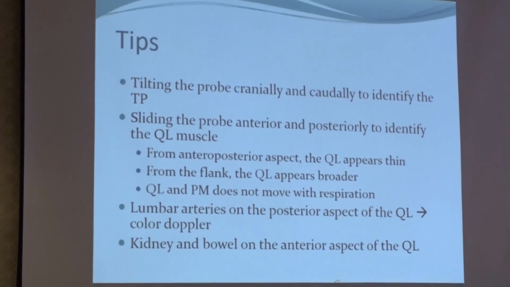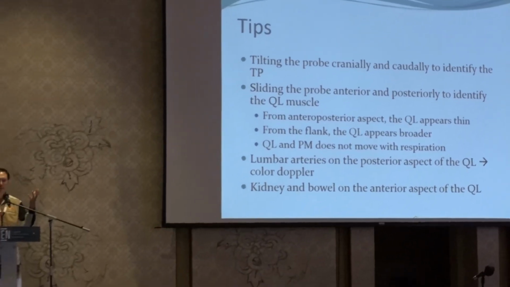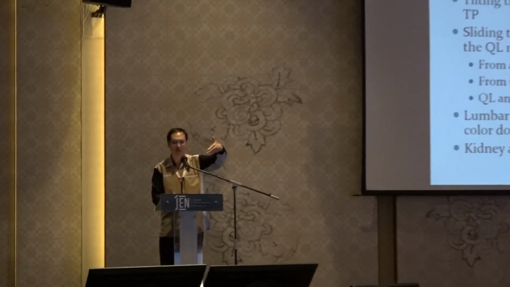Sometimes the quadratus lumborum muscle will appear very thin when you shine from the anterior aspect of the abdomen. Then as you slide posteriorly, it becomes smaller in shape on top of the transverse process.